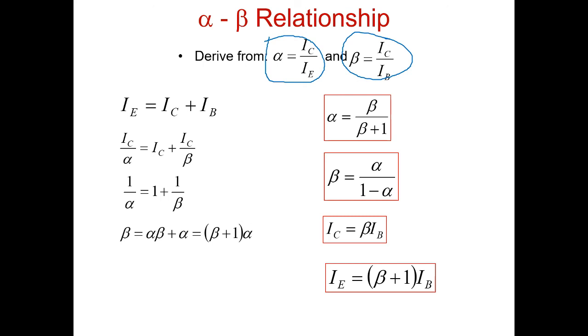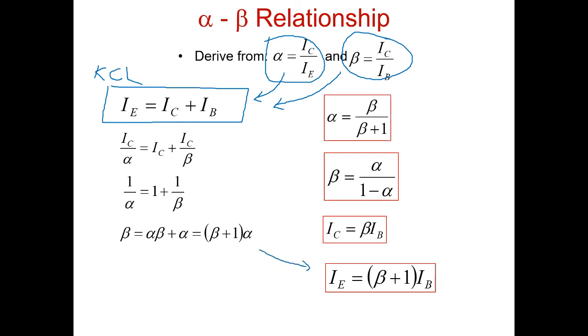And you also know that the current at the emitter is equal to the current at the collector plus the current at the base. This is the KCL of your transistor. So if you replace alpha and beta inside it, you will get IE equals beta plus 1 times IB, or IC equals beta times IB, right?